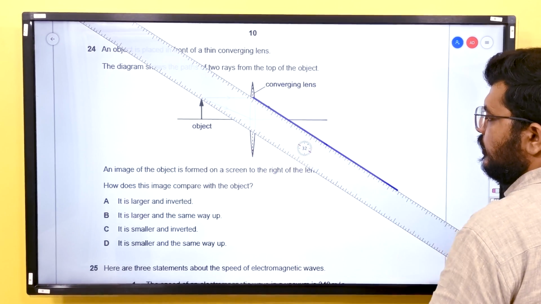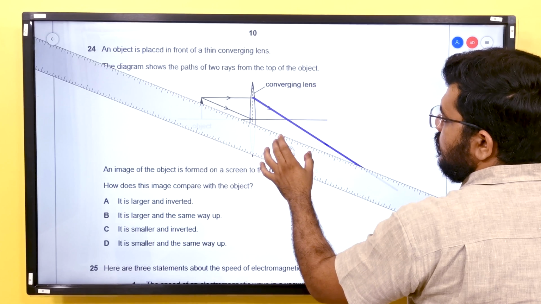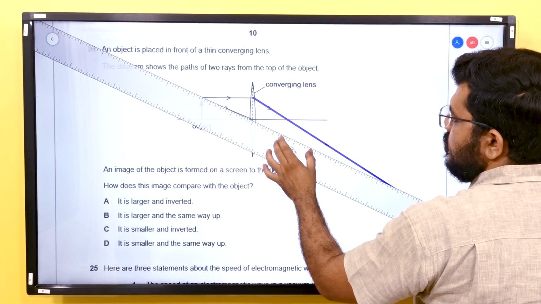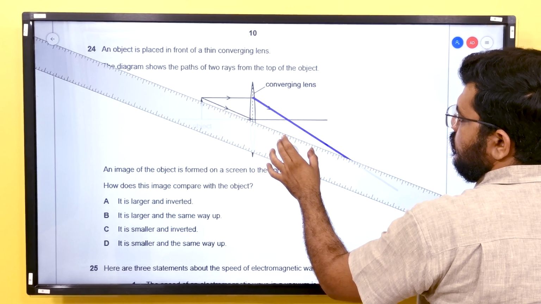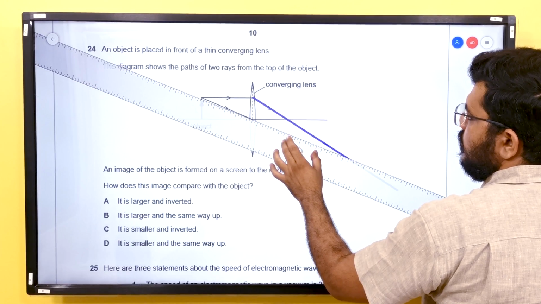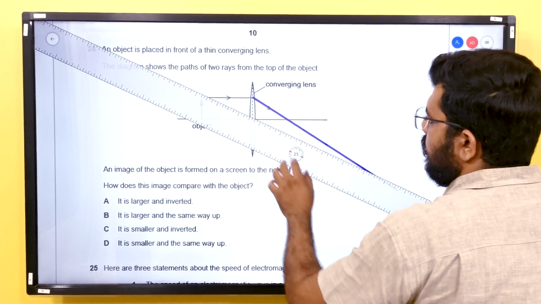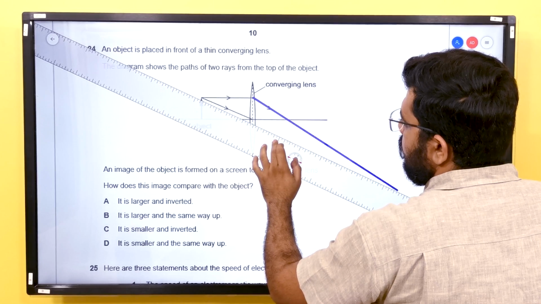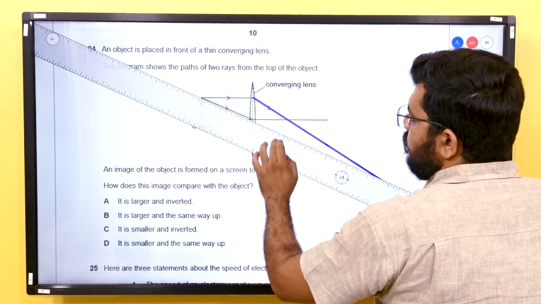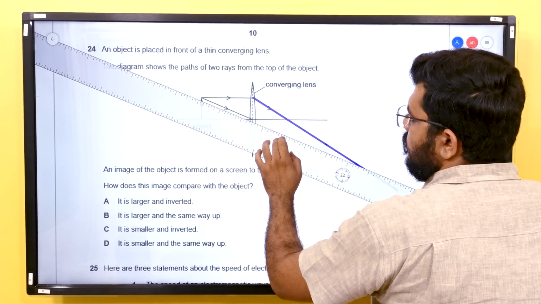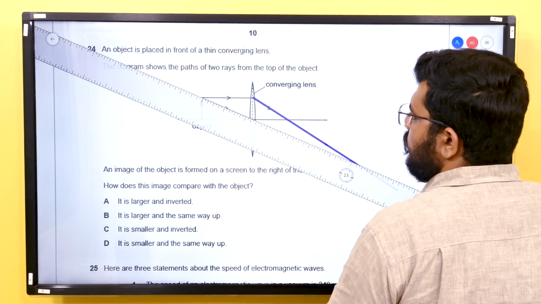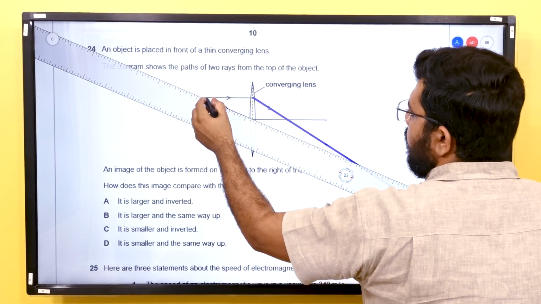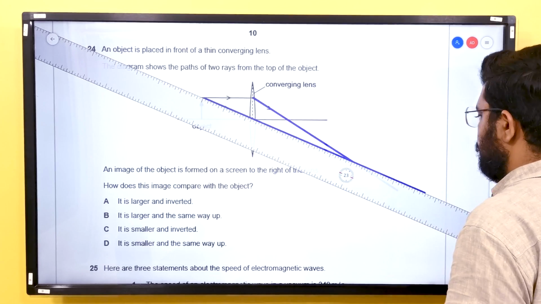So a straight line going somewhere like this, right?